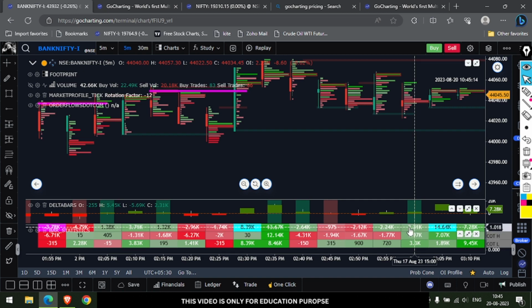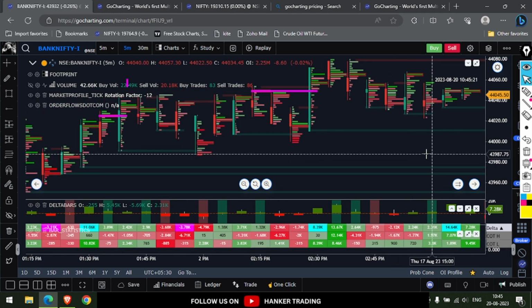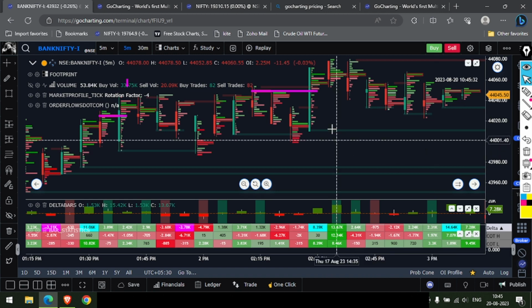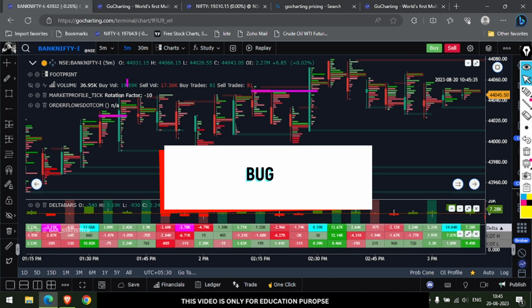Not only me, most of my students have also seen this data differentiation. So I request them not to use mobile data or low latency data. I request you to use better bandwidth data if you are using Go Charting. Okay, after that the next con is bugs.